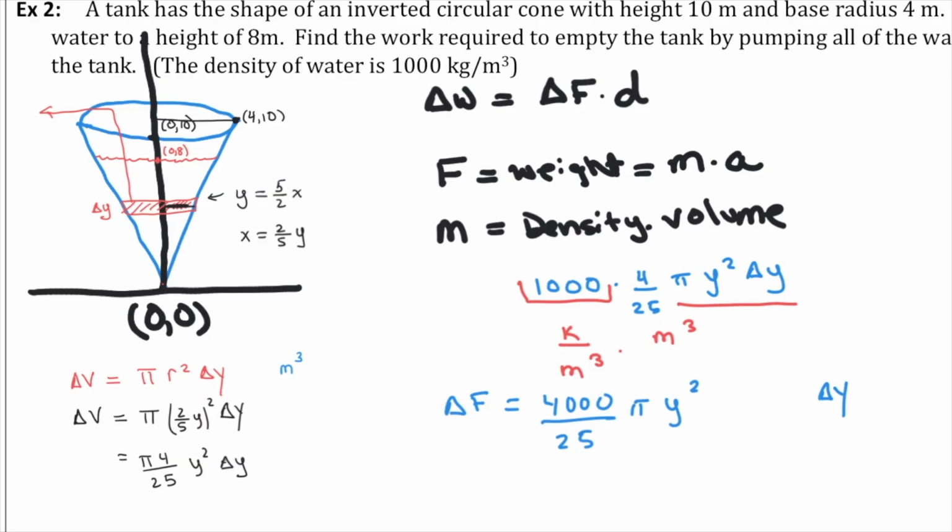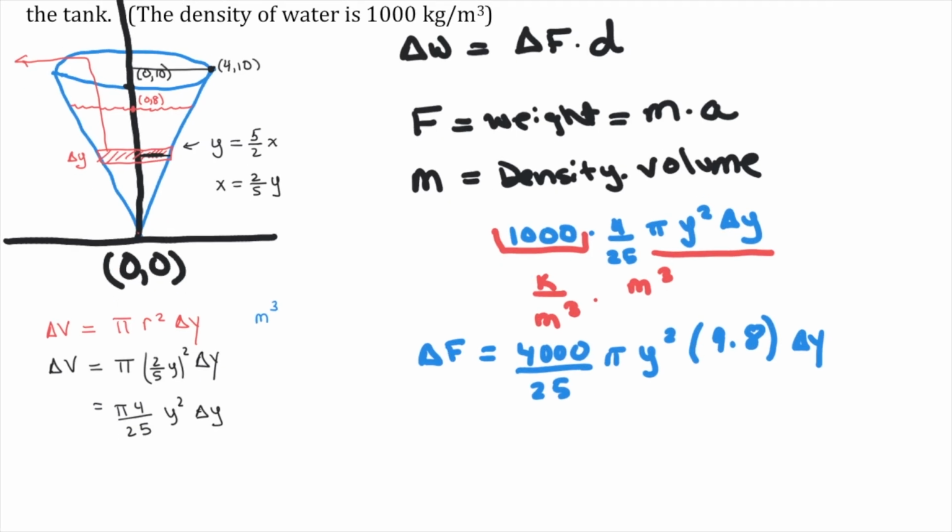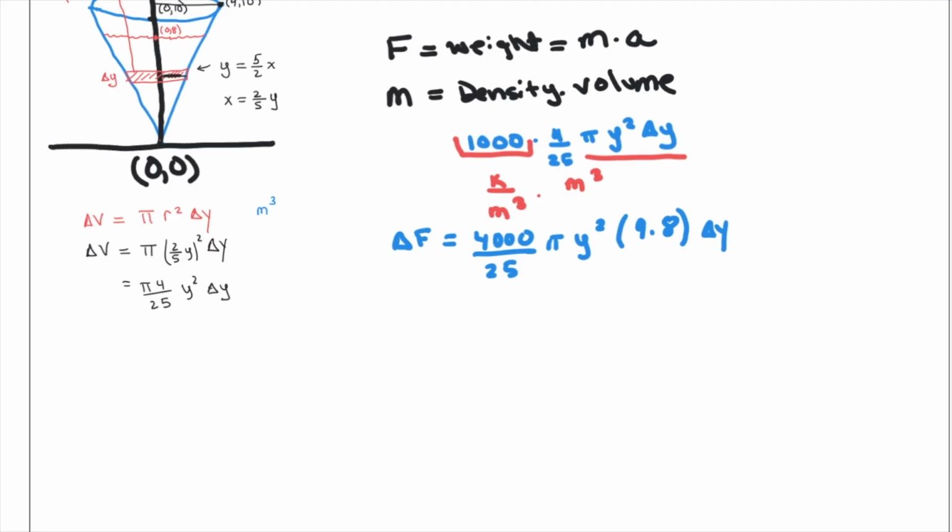And we're going to multiply that expression by acceleration. But what is acceleration? Acceleration for weight is the gravitational pull. Now, you know that the gravitational pull is negative 9.8 meters per second squared. But because we want the force and the work to be positive values, we use positive 9.8. Okay, again, let's talk about units.